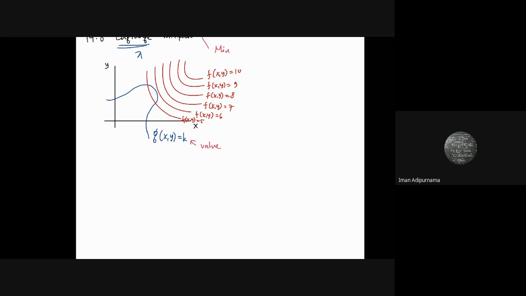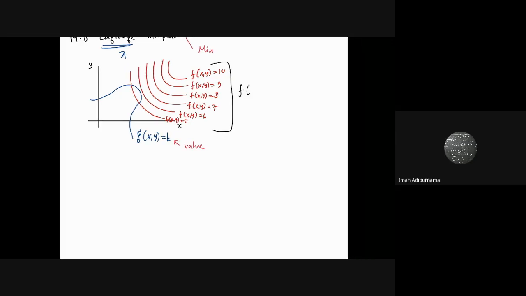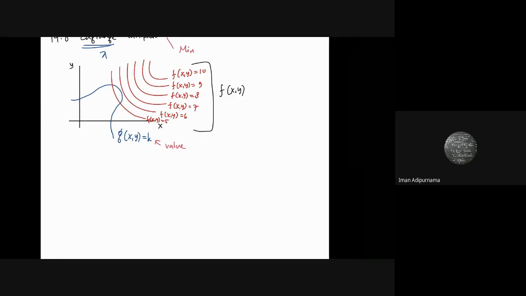So what we need to find is this f. This f is actually what we need to determine. f is a function that we want to observe, the extreme value.